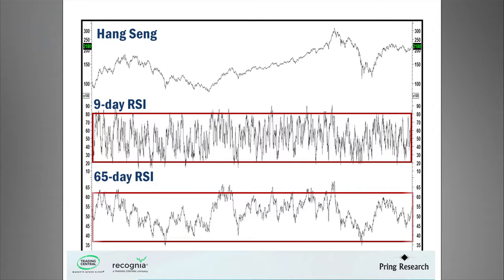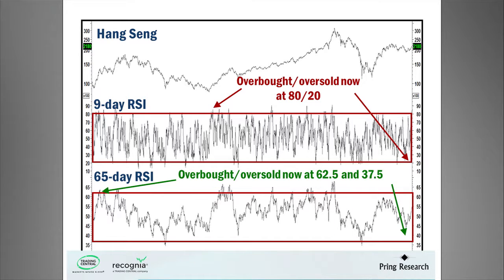The 80-20 combination gives a much better feel for the overbought-oversold extreme than the 70-30 default value for the shorter span 9-day RSI. Conversely, the 52.5 and 37.5 combination is a better fit for the 65-day RSI. None of these are perfect solutions, but remember, in technical analysis we're trying for consistency, never for perfection, which I guarantee can never be achieved.